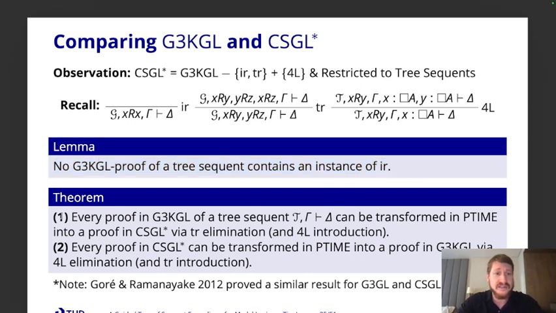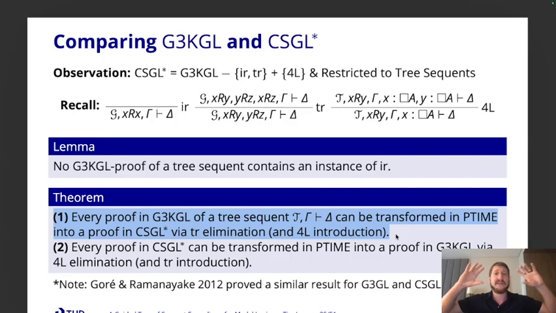And we can use the idea that I mentioned on the previous slide to provide proof translations between these different systems. So given a labeled sequent proof of a tree sequent, we can identify transitivity applications, the TR rule applications, and permute them upwards in the proof. And they either get removed at the axioms or they get absorbed into the box left rule.